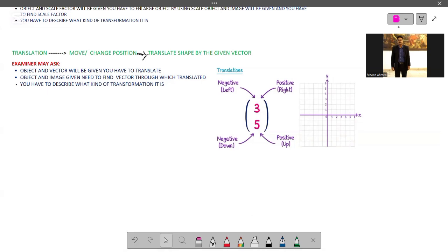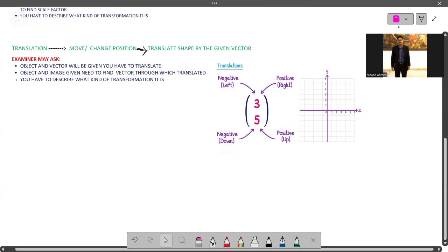And the same thing happens: the object and image are given, and you need to find the vector, or the object and vector are given and you have to translate it, and the third one you have to describe.